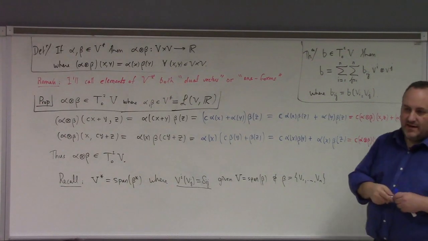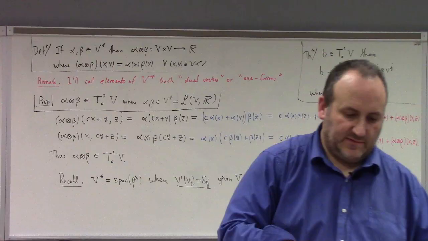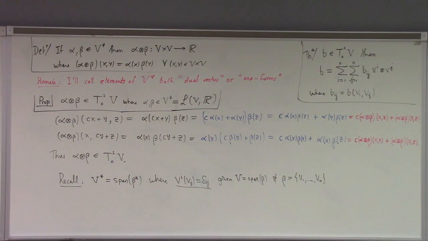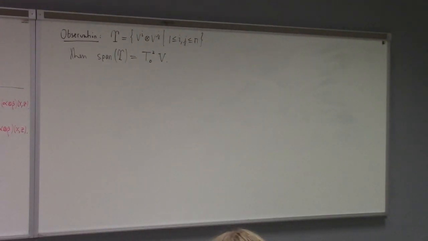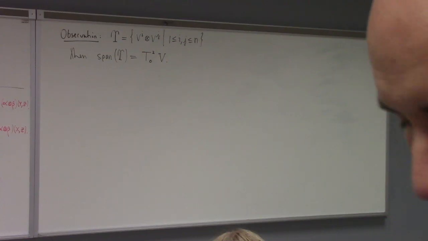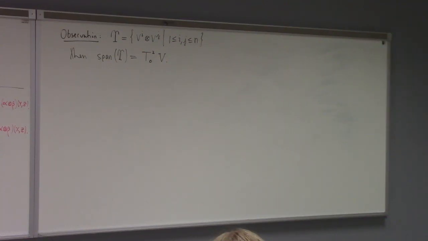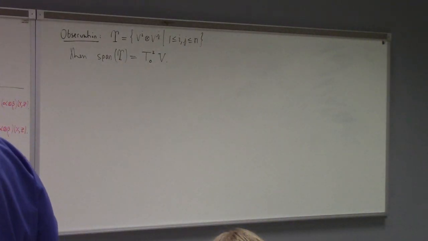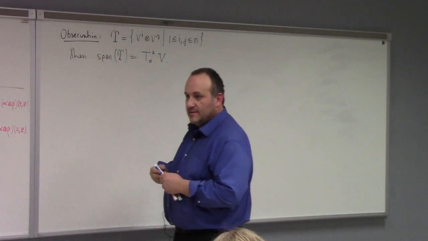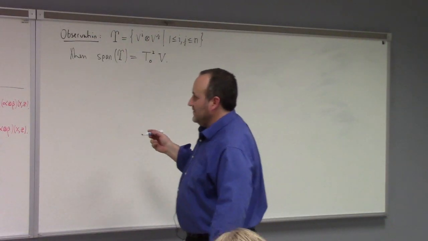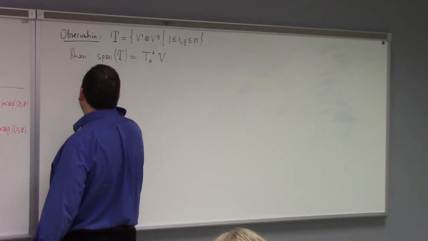I guess I technically haven't proved the linear independence of the upsilon set, have I? Could we prove the linear independence of that? How would we do that? I mean, we definitely have spanning from the calculation last time where we showed this, right?